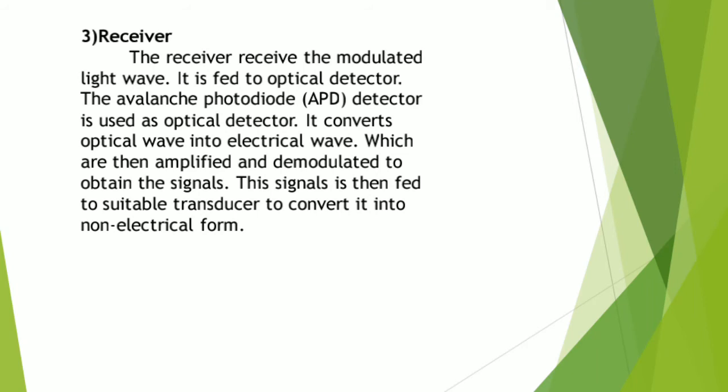And the last part is the receiver. The working of the receiver is to receive the modulated light wave, and after that it is fed to the optical detector. Here the avalanche photodiode detector is used as optical detector, and it converts the optical wave into electrical wave, which is then amplified and demodulated to obtain the signals.